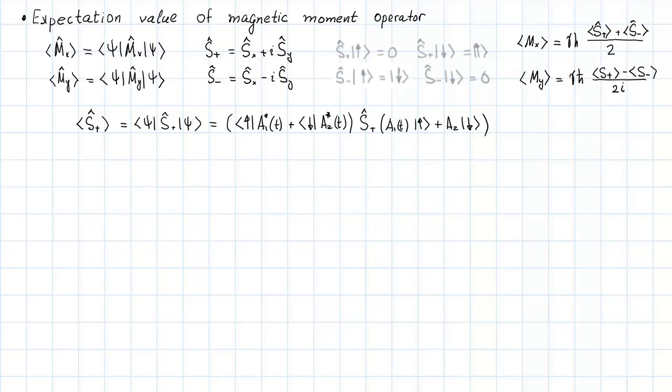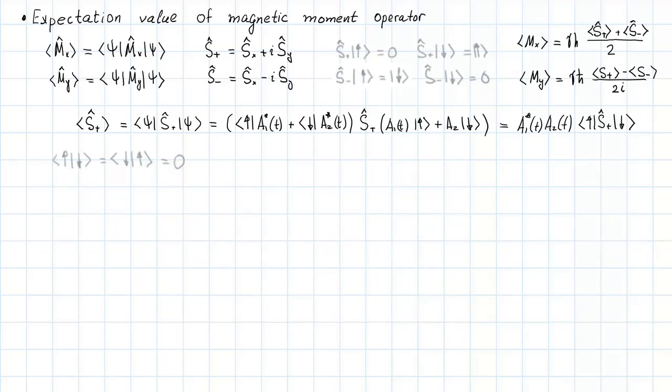Taking into account the rule mentioned above and the orthogonality of the spin-up and spin-down vectors, the last expression can be simplified to the following form. Just to remind, the orthogonality conditions mean that such scalar products are equal to 0.